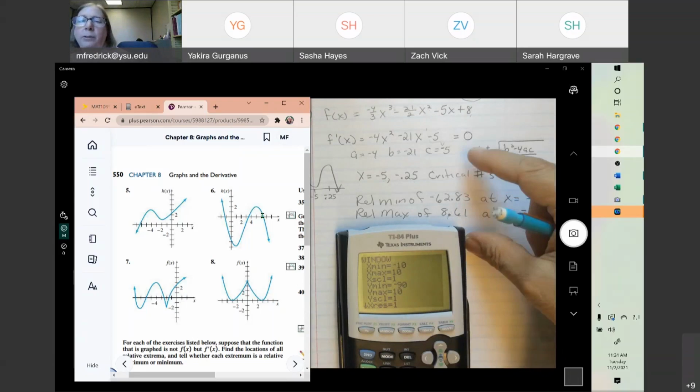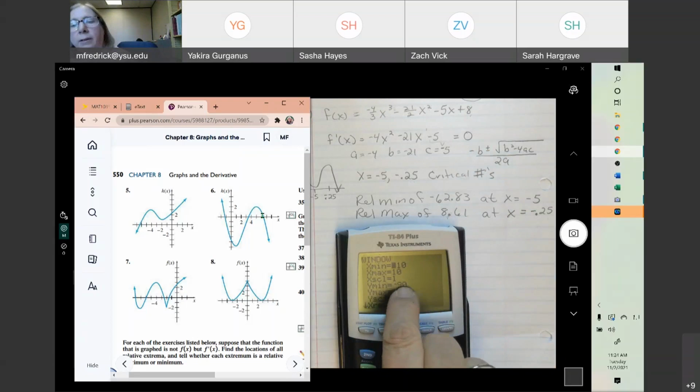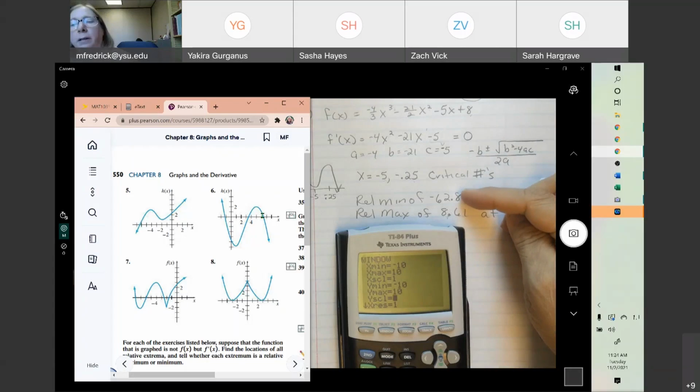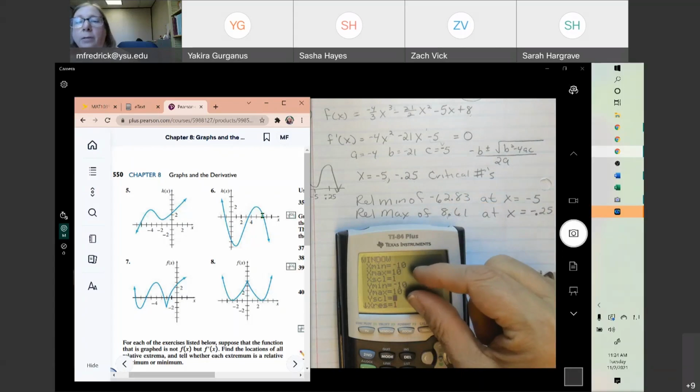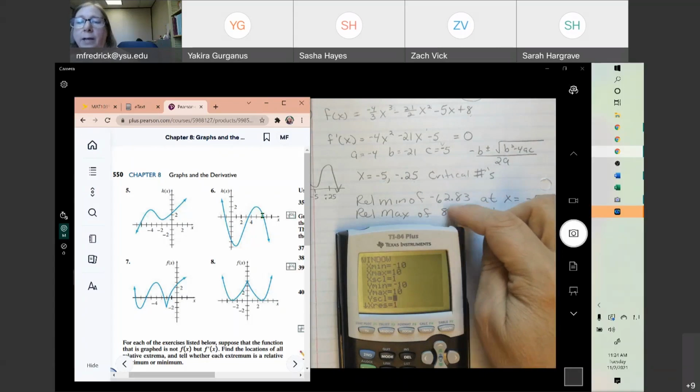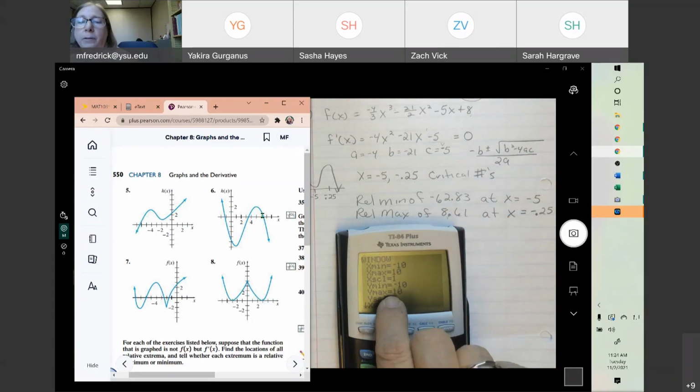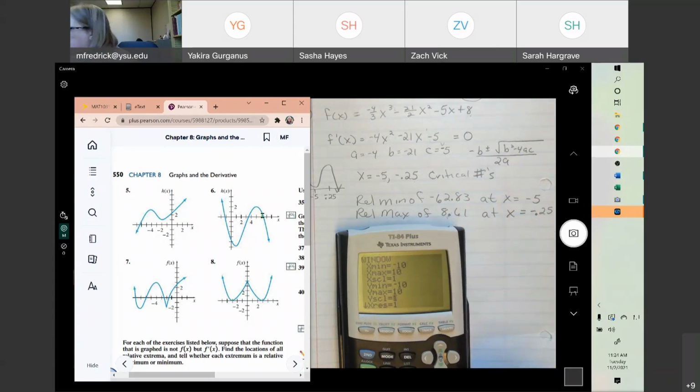But you want to make sure that whatever you, like this y values, if I had negative 10 to 10, you're not going to see this. It's too large. It's not in that range. So you want to make sure your x's and your y's are in this range. 10 works because this is only 8. But the negative 10 for the y can make it a negative 65, something larger than this, or further out than this. It's actually smaller. But then when you hit graph, you can see them.